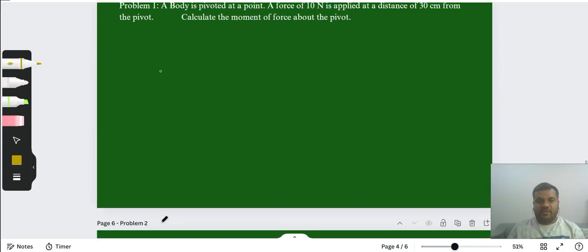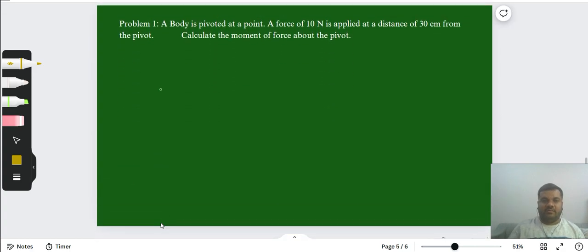Now we will go through one example. A body is pivoted at a particular point, and a force of 10 Newton is applied at a distance of 30 centimeter from the pivot. We consider one pivot point, O. The force of 10 Newton is applied at a distance of 30 centimeter from the pivot point to the line of action of the force.